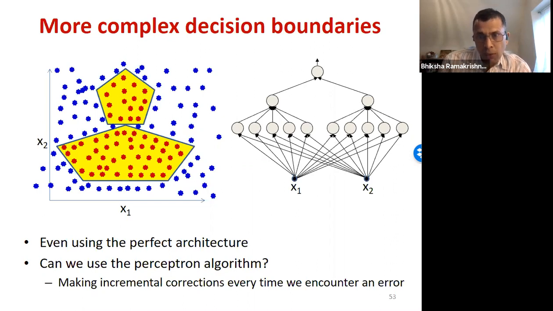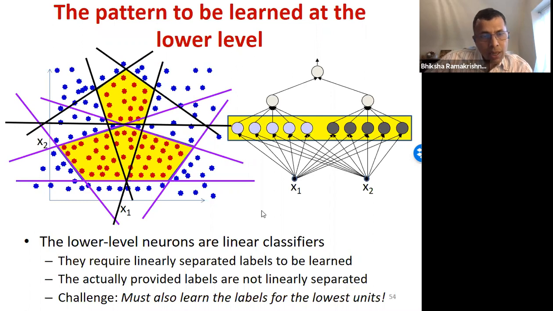Now, in order to do this, every single perceptron over here must learn the correct decision boundary for itself. So for example, these 5 perceptrons must each learn these 5 purple lines.